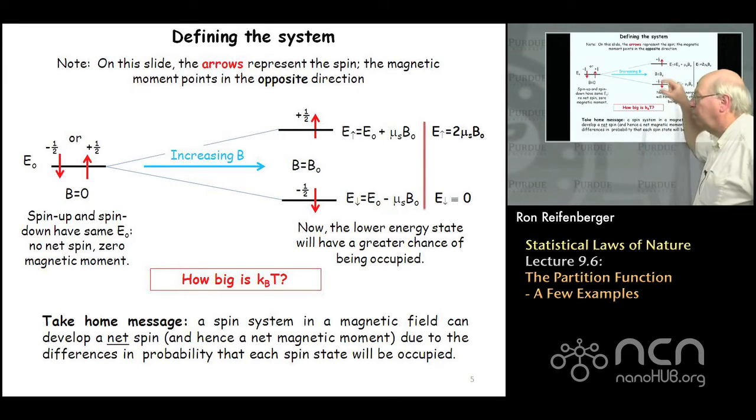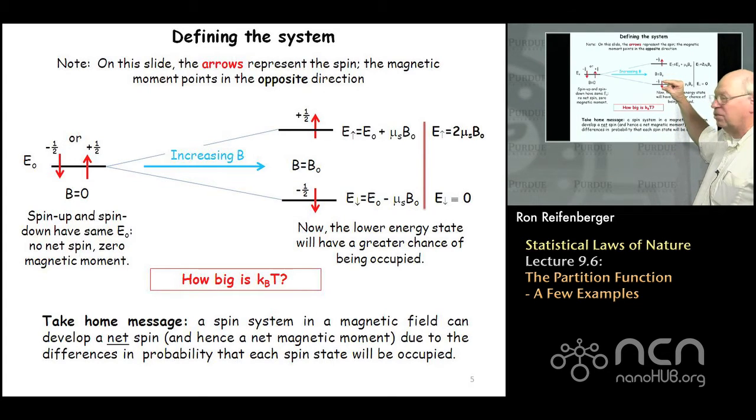And in particular, what is KT with respect to this energy splitting? So you might expect that if KT is very large compared to this energy splitting, then the probability that the electron has a spin down or a spin up state is 1/2. So there's no net probability that one of these states is going to be occupied more than the other.